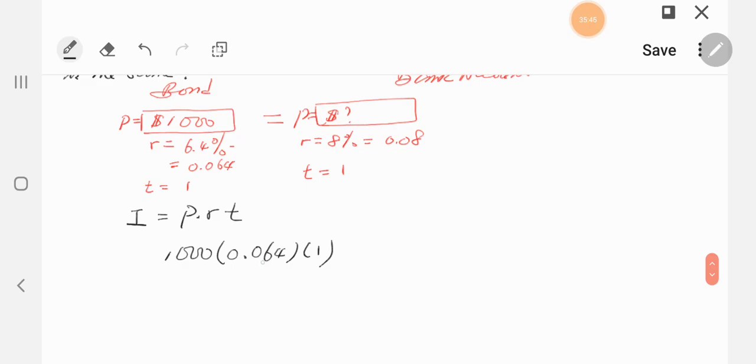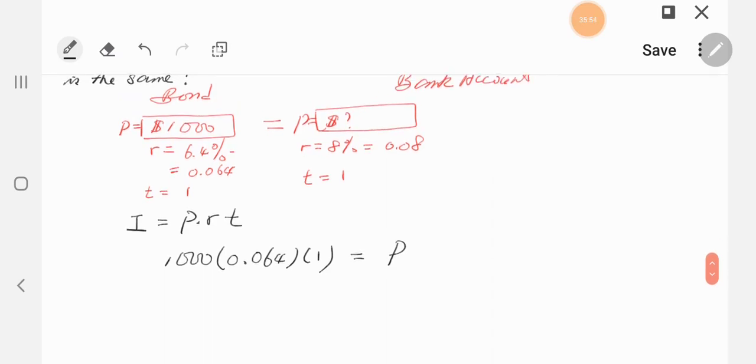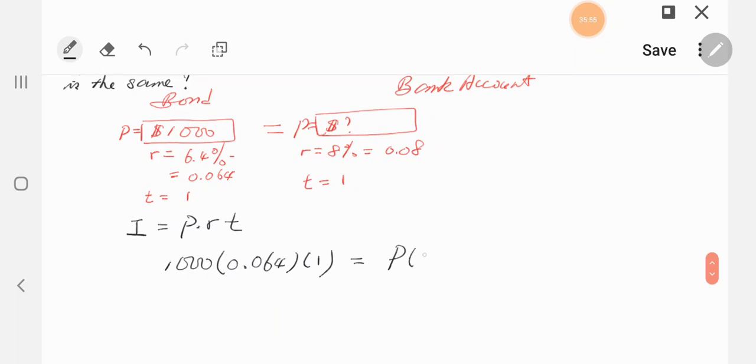Principal, rate, years. So this should be equal to the principal, which I don't know for the bank account, times the rate 0.08, and 1 year.